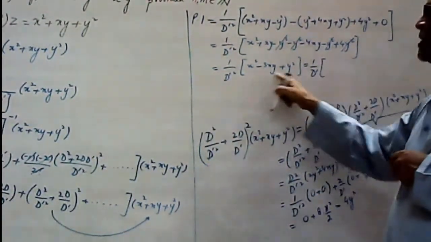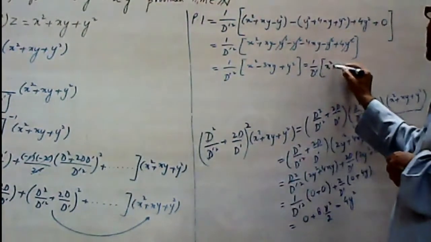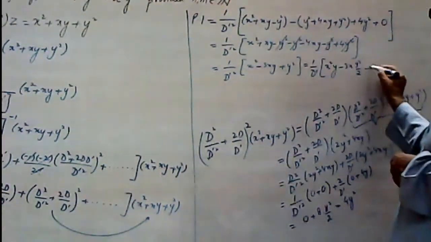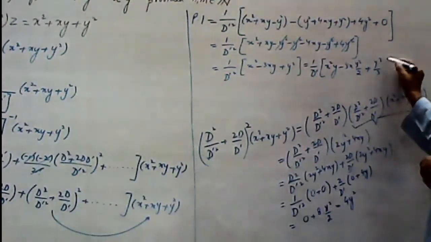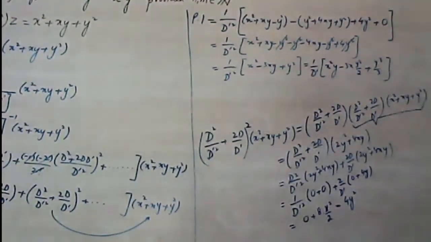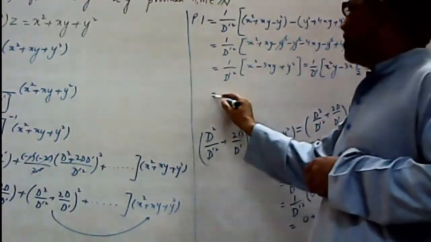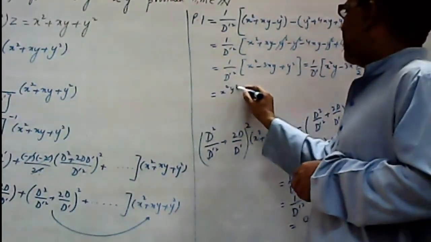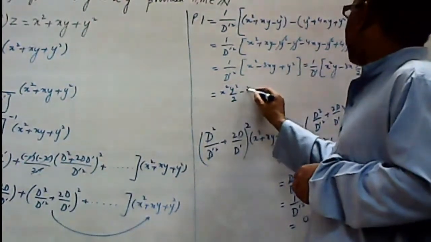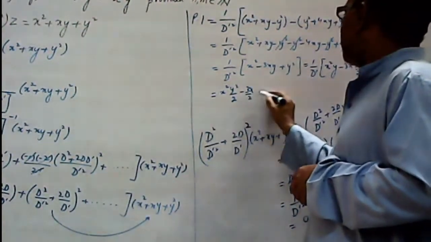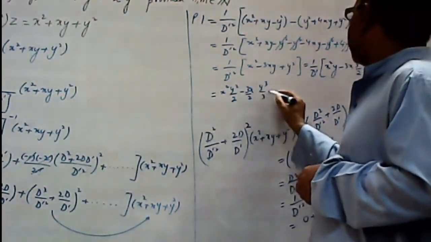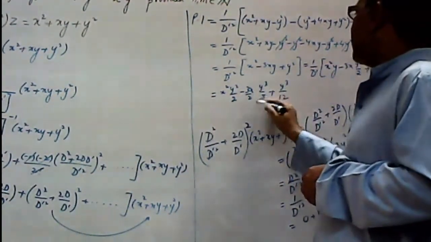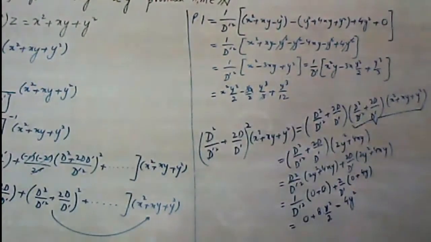So once integrating this term means x square y minus 3xy square by 2 plus y cube by 3. And then integrating once more, it means x square y square by 2 minus 3x by 2 and y cube by 3 and plus y cube by 12. 3 cancels with 3.